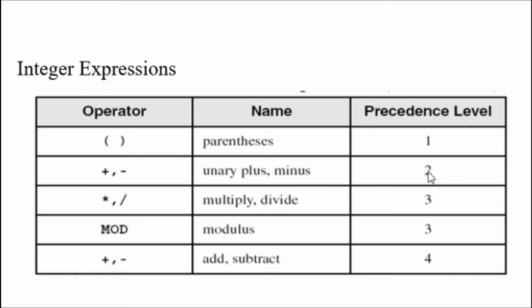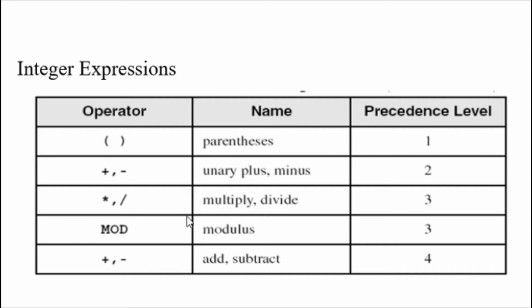Next is multiplication and division. After checking the sign of the integers, you check what kind of operator it is. In this case, we do multiplication and division first before we do addition and subtraction, which has the lowest precedence level.